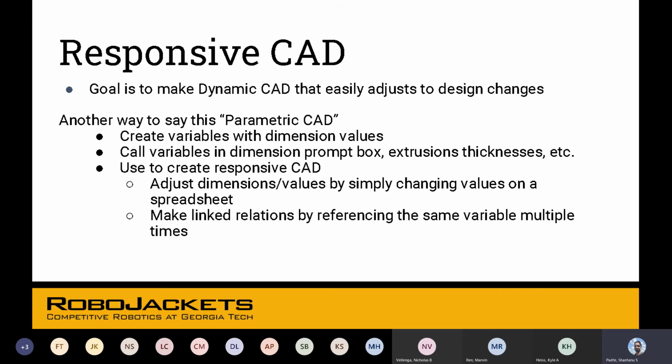So we learned about sketches last time. Do you think it would be convenient if every time you want to change one value, you open up the part, you open up the sketch, and try to mess things around? So another way to adjust variables, or measurements, is to create variables and assign values to those variables. And one way to do this is in Excel and sort of link it into your CAD.